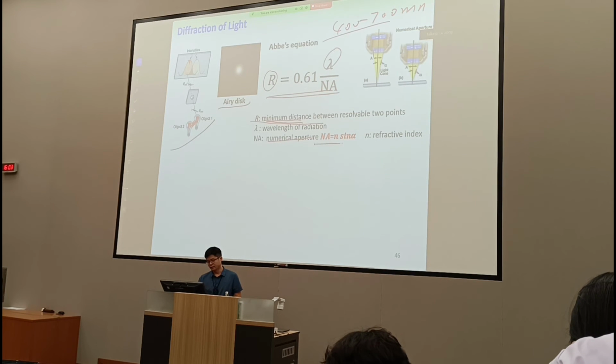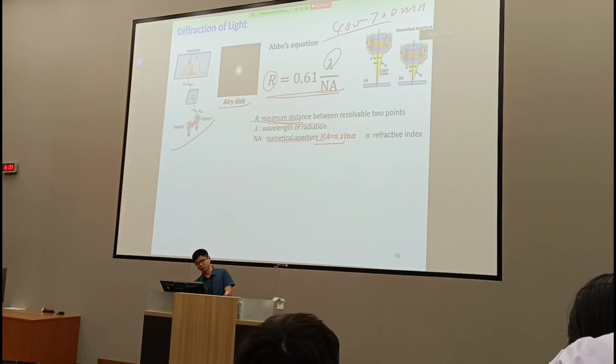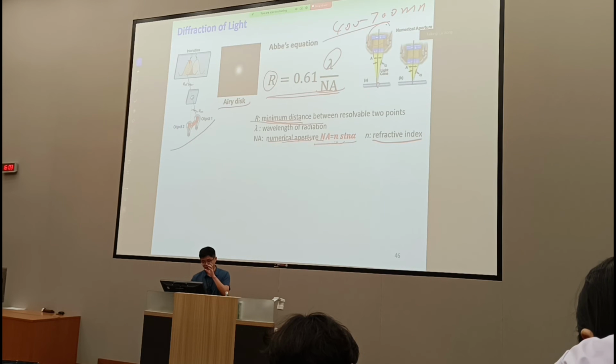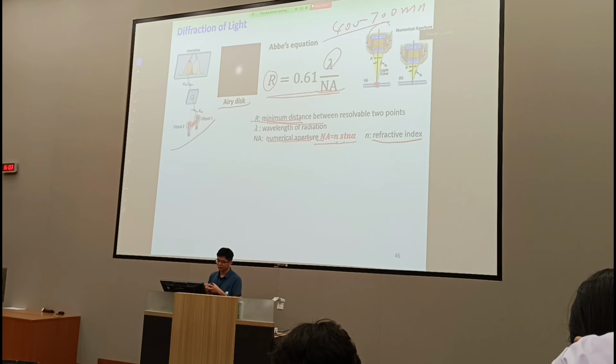Then at the bottom are n and NA. NA is the numerical aperture, which equals n times sine theta. The n is the refractive index, for example, at the lens. Imagine your object at the bottom; the reflected light passes through the air.